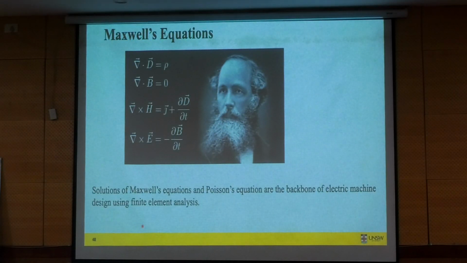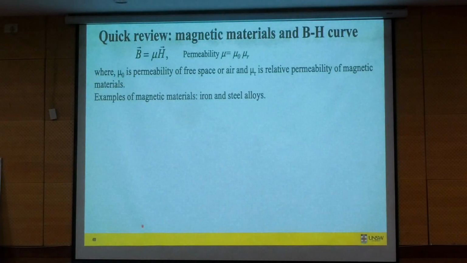These four equations again are the base of many finite element analyses. Together with Poisson's equation, that's what finite element software packages solve. We may discuss a bit more later, but today we are just reminding you of these basic equations.